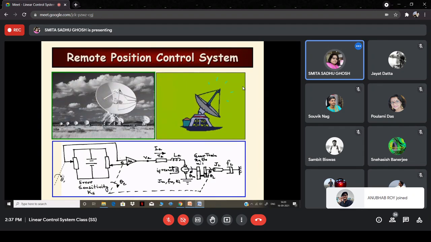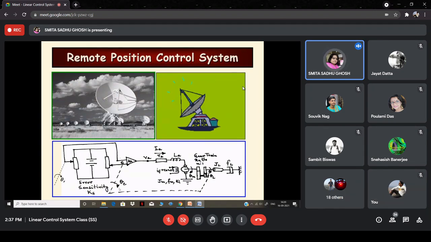But since theta r, as I told you, the angular position, has been indicated, you can understand that construction-wise, these are going to be circular in nature, right? So you can see the voltage source, you can see the pointers. Now over here in this potentiometric error detector, there are two angles that are indicated. One is the reference, right? So this is the angular position of the reference shaft.